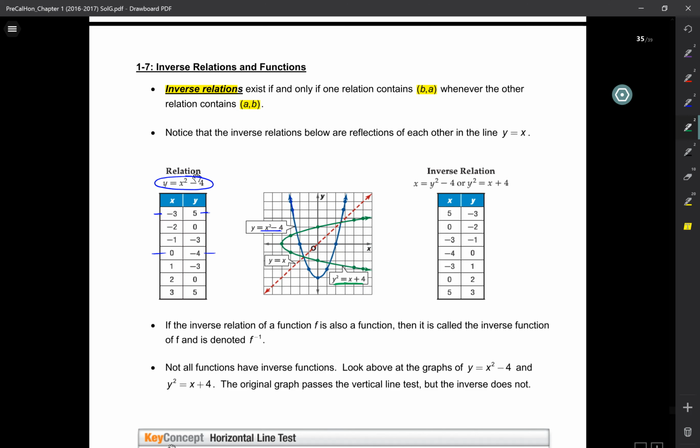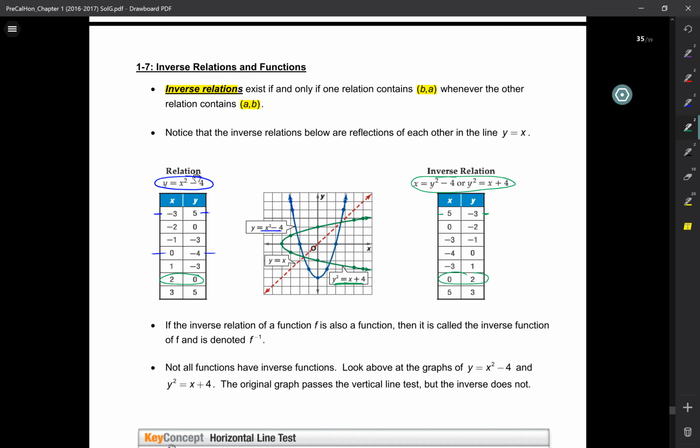If you look at the inverse relation, where y squared is x plus 4, you'll notice that the coordinate points are switched. Whereas in the first case I had (-3, 5), here I have (5, -3). Whereas in the first case we have the coordinate (2, 0), here we have (0, 2).